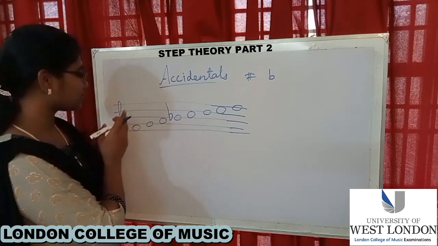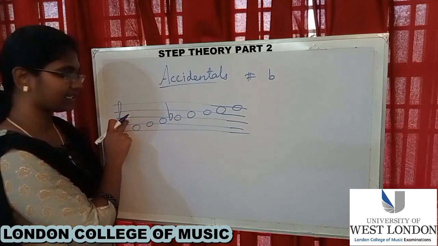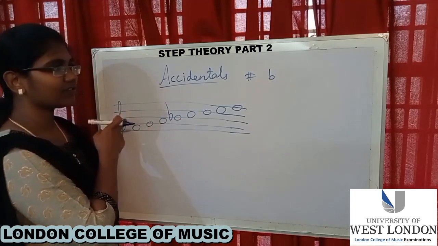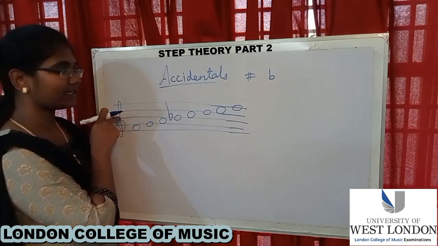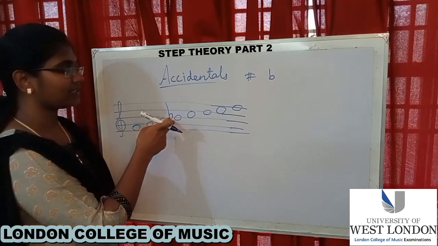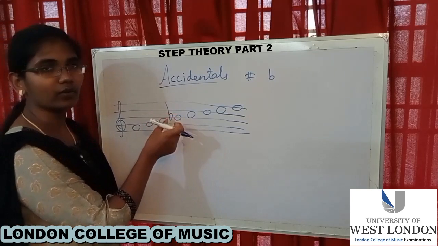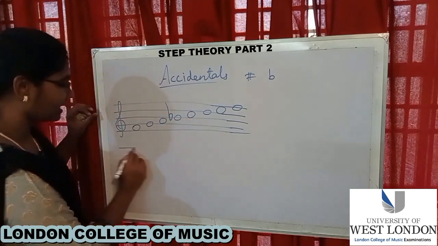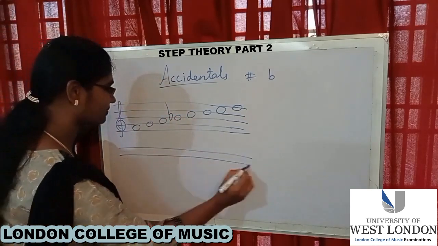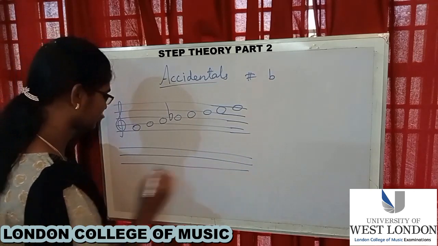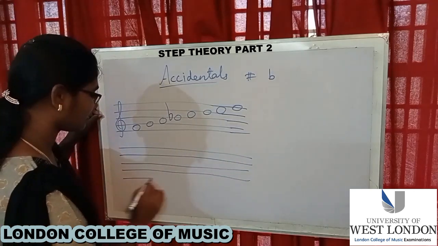There is no need to write the flat at the beginning. Instead of writing the flat at the beginning, we are writing the flat here, near the note. Like that in F major. In G major, F sharp will be there.